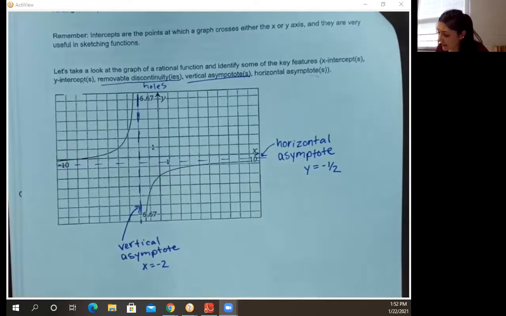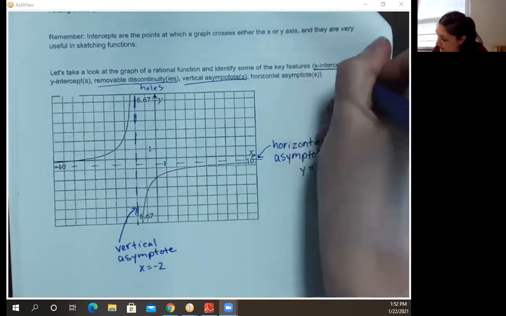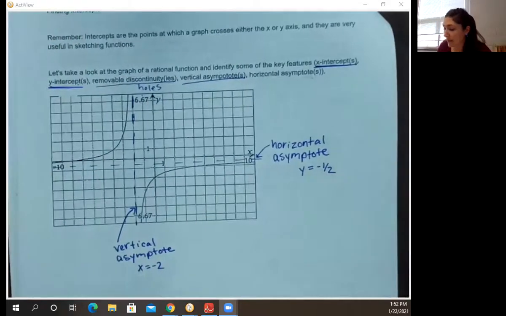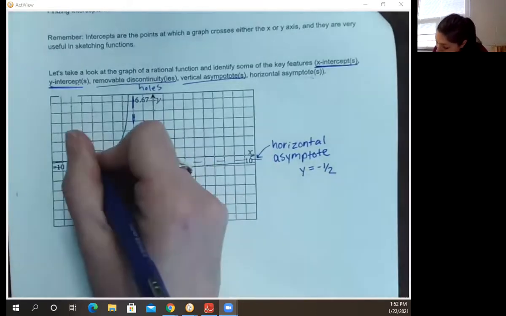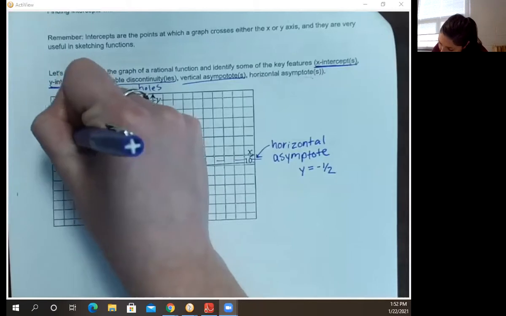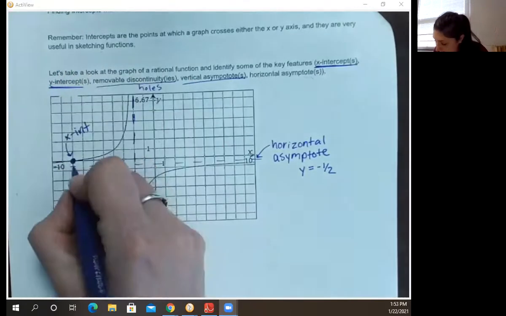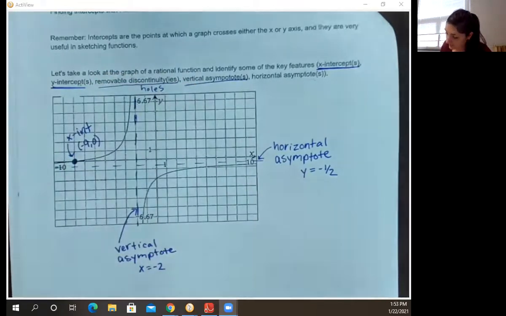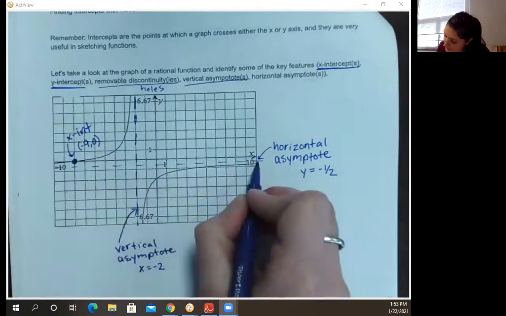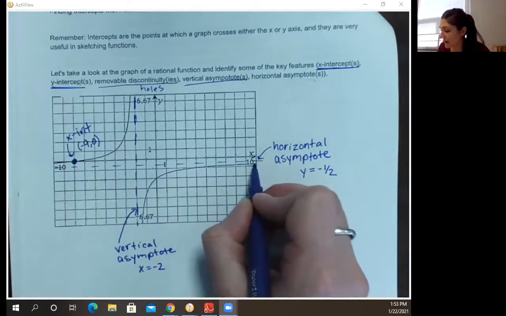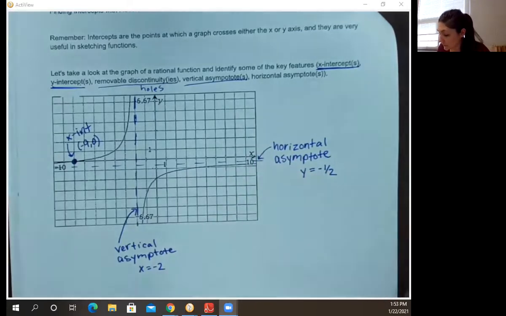And then let's talk about those other key features that we've cared about for our other graphs, x and y intercepts. So remember, an x-intercept is where we cross the x-axis. It looks like we have an x-intercept right here at -9. Since I have a horizontal asymptote, I'm not going to have another x-intercept over here because this portion of my graph won't be able to cross that asymptote.